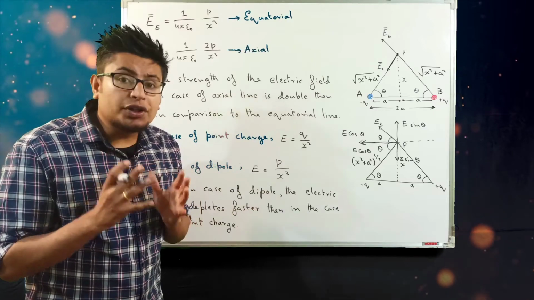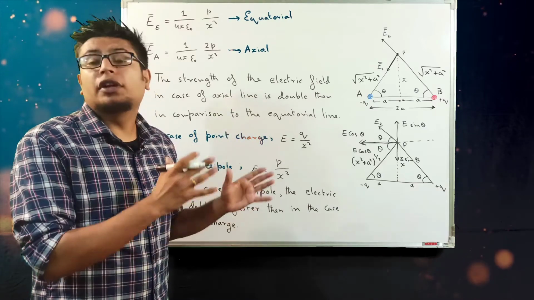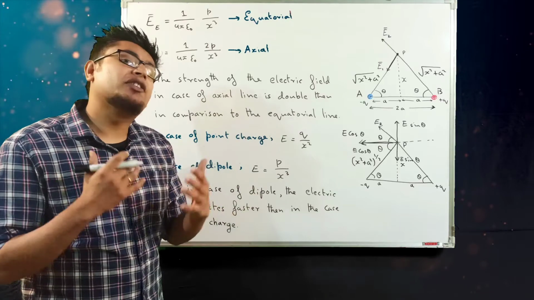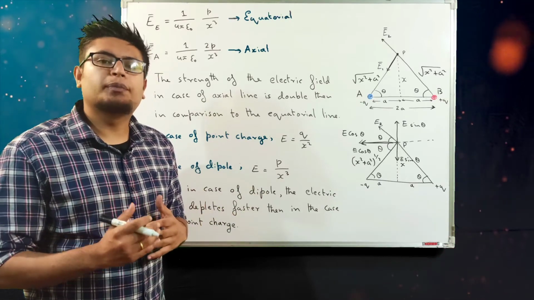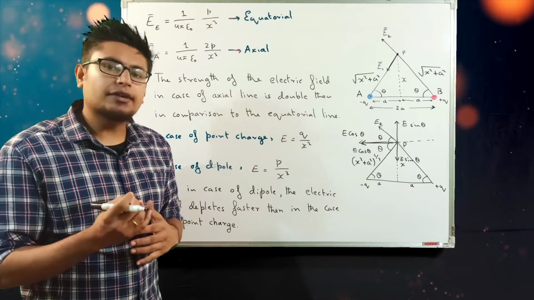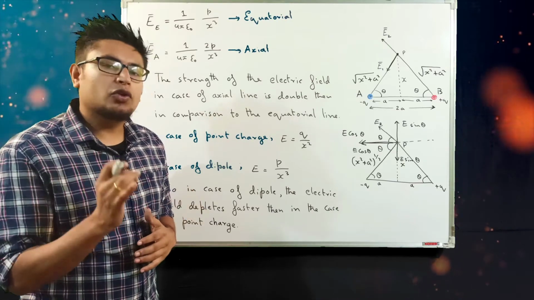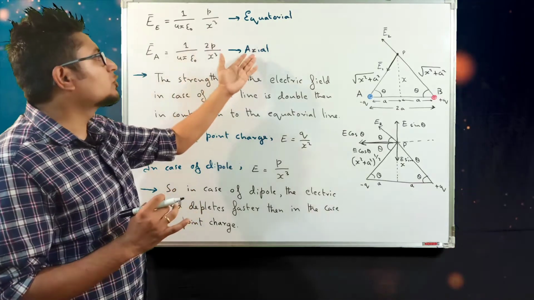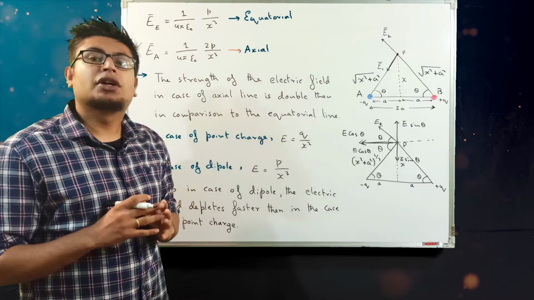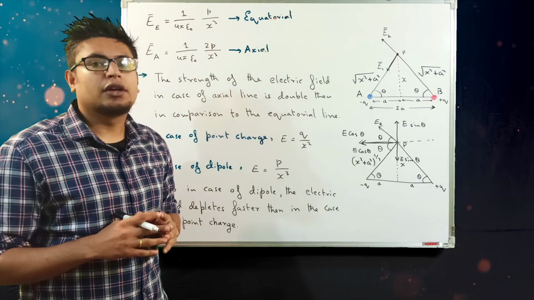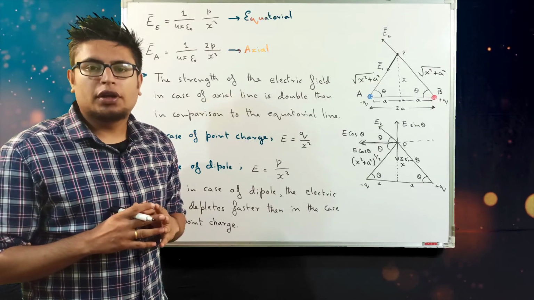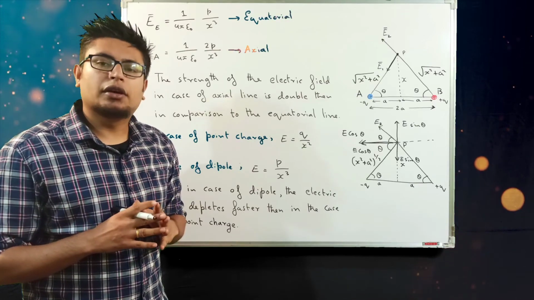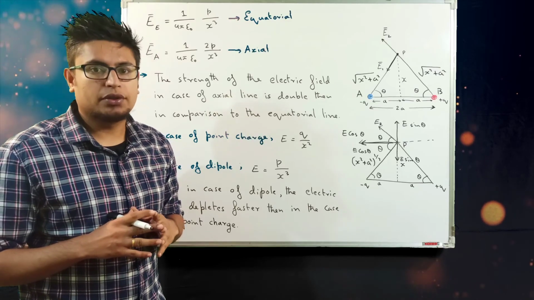Hence at a particular distance, the electric field due to the dipole is going to deplete faster, whereas the electric field due to a point charge is going to deplete a little slower in comparison to the dipole. And also in comparison between these two, the axial point has double the strength in comparison to the equatorial point.